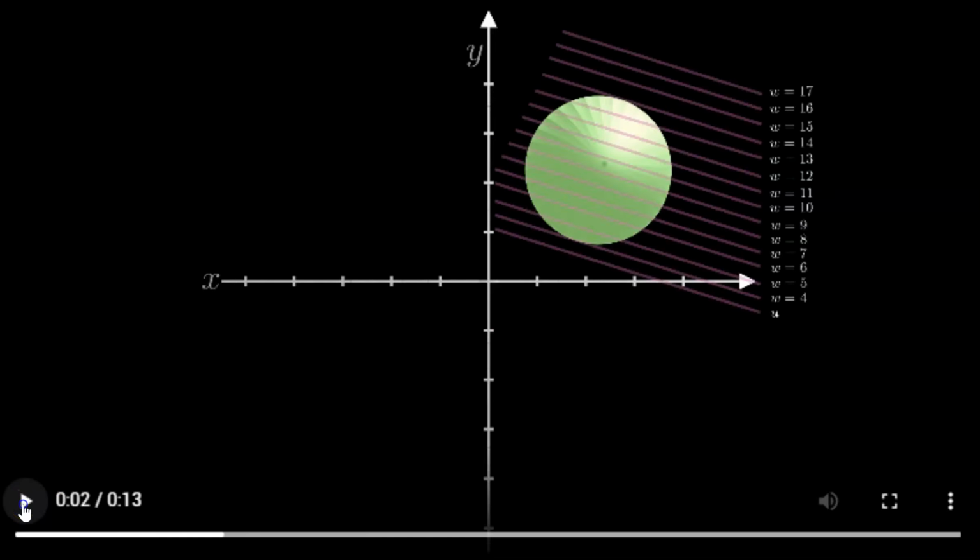And now we have a series of level curves introduced onto our xy coordinate axes. Notice we've got 17, 16, 15, and so forth, all the way down to 4. And notice how some of these level curves align perfectly with the boundary of our constraint function.